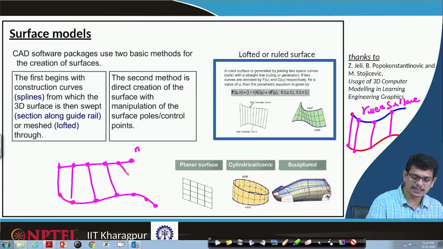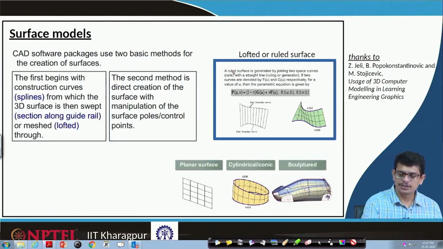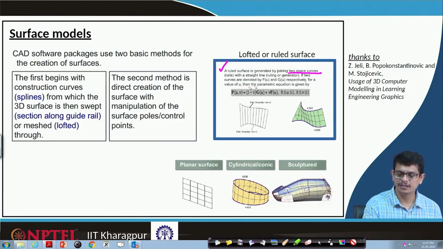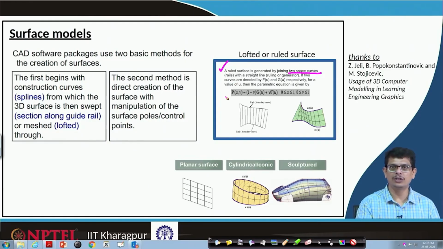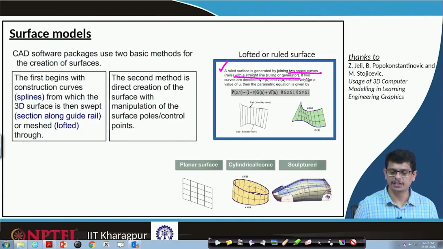That represents a simplistic way of looking at a ruled surface, and in these ruled surfaces, the rule is always a straight line. So, a ruled surface is generated by joining two space curves or rails, more like trains, with a straight line ruling or generator.